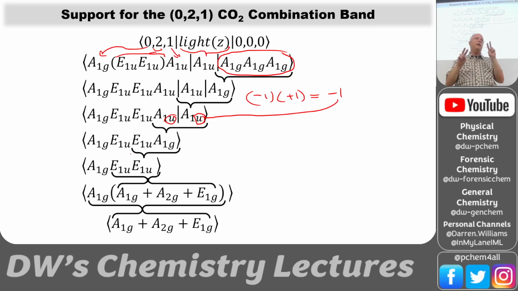So if I say something that is worth 2 and another thing that's worth 2, multiply, I should get 4. Okay, what do I end up with? I get a singly degenerate A and another singly degenerate A and a doubly degenerate E. That adds up to 4. Yeah, so I end up with 4 things out of it. If I take 2 times 2, I end up with 4. One's an A, and the other is an E, and that adds up.